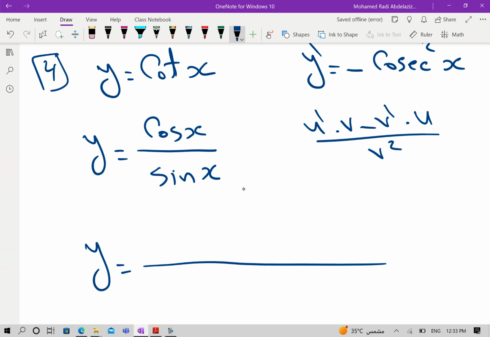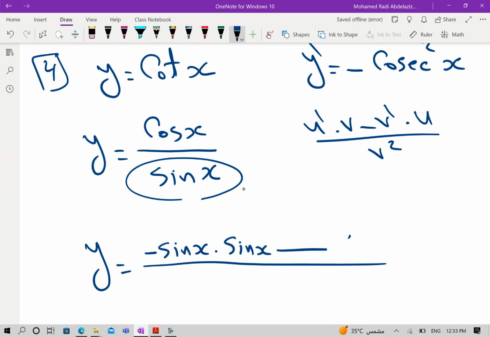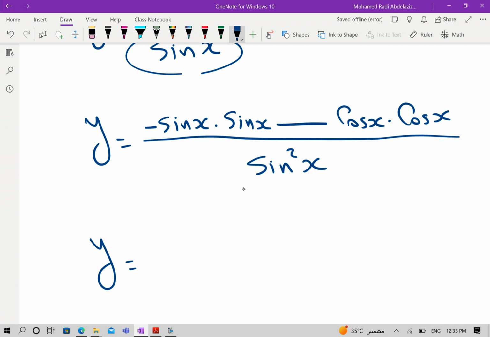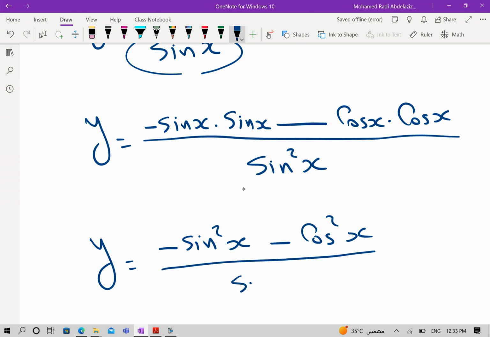Differentiation of cosine is negative sine, multiplied by sine, minus differentiation of sine is cosine, multiplied by cosine, all divided by what? By sine squared x.